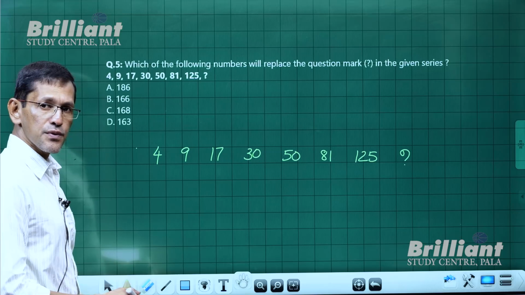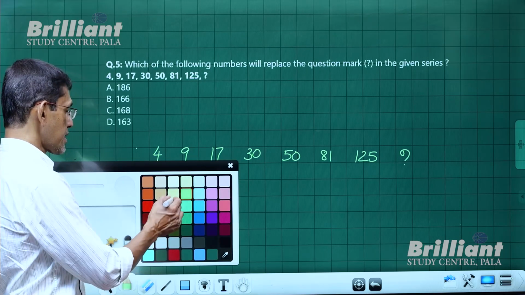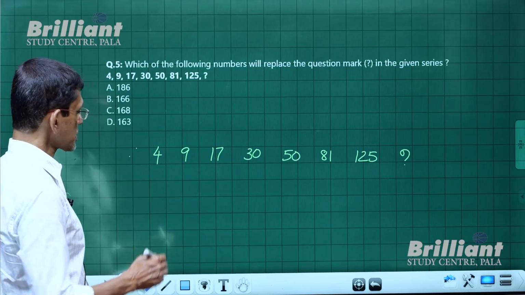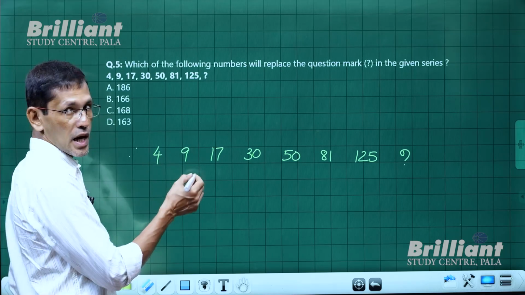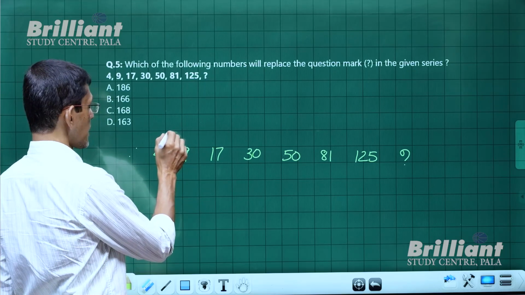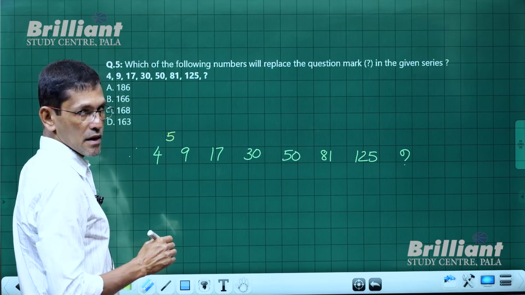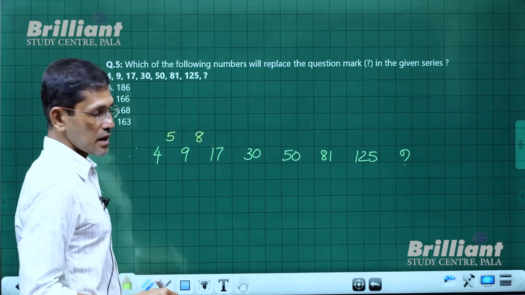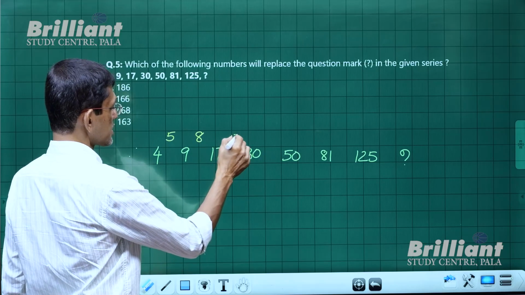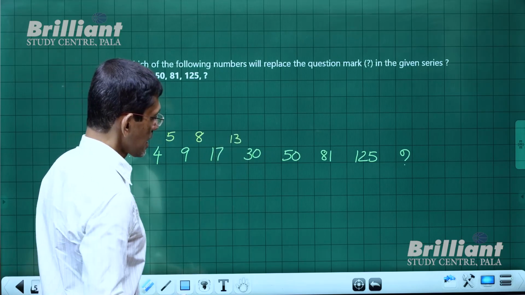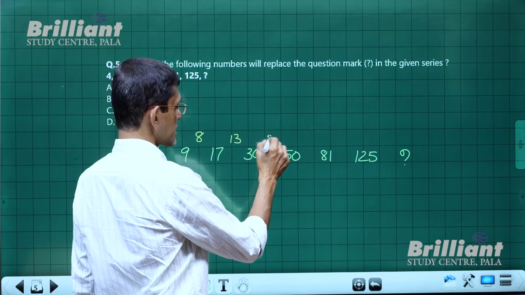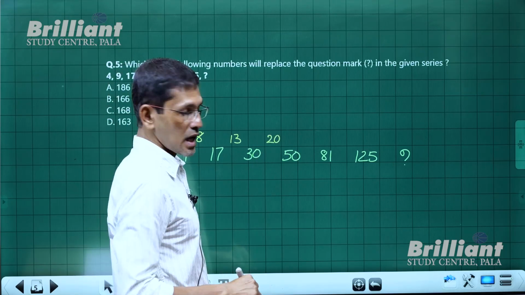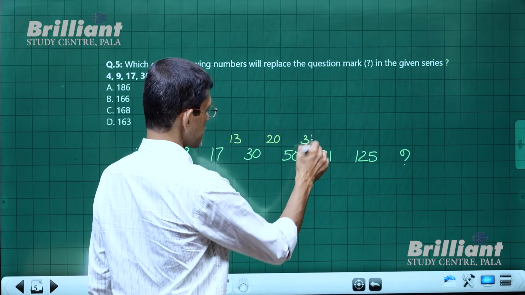The first thing that may come to our mind is differences, right? So look at the differences. What is the difference here? 4 and 9, the difference is 5. And 9 and 17, the difference is 8. And 17 and 30, the difference is 13. And 30 and 50, the difference is 20. And 50 and 81, the difference is 31.